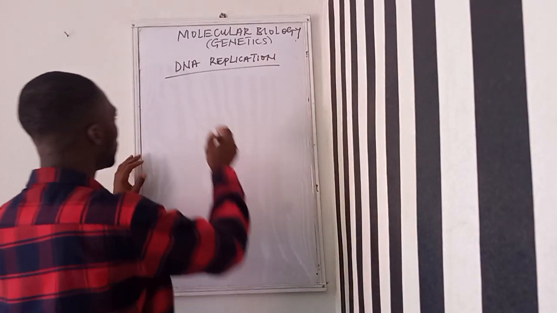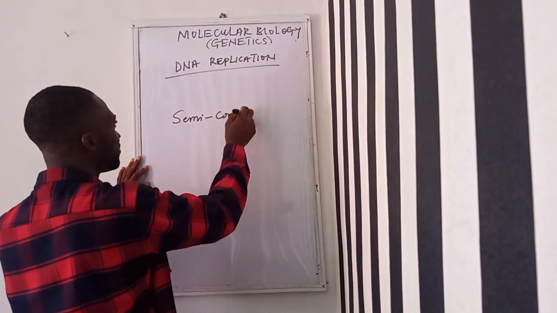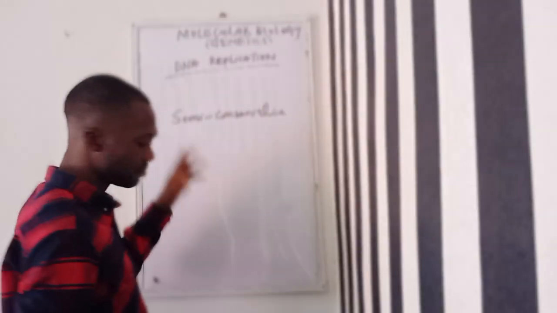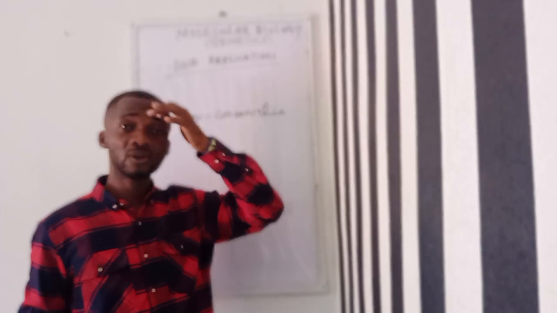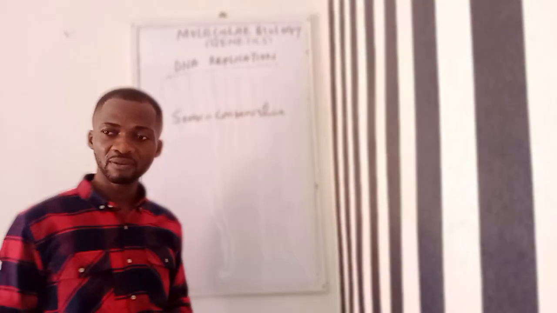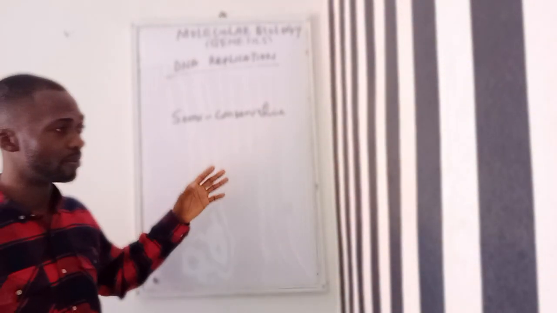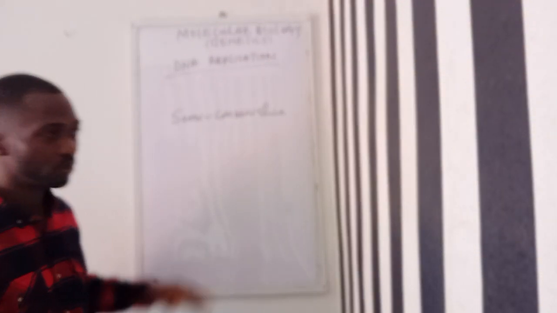The first thing I want you to know is that DNA replicates in a semi-conservative manner. However, we have different schools of thought about how DNA replicates. We have the conservative manner, and we also have the semi-conservative manner. But I want to concentrate on the semi-conservative manner, which is most popular.